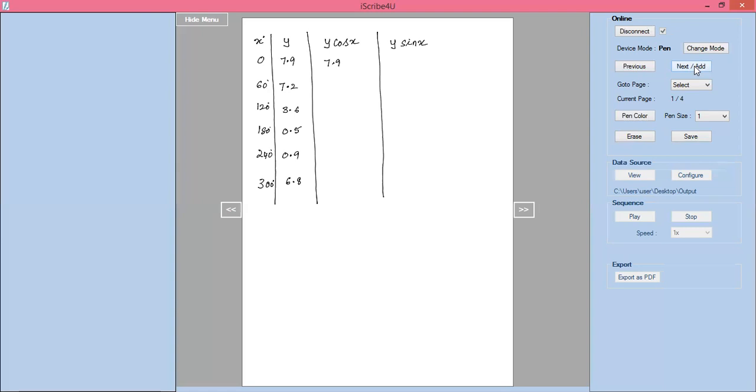Now y is 7.2 into cos 60, which is 3.6. Similarly 3.6 into cos 120 is minus 1.8.